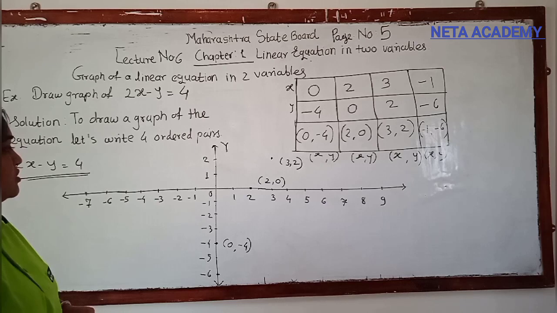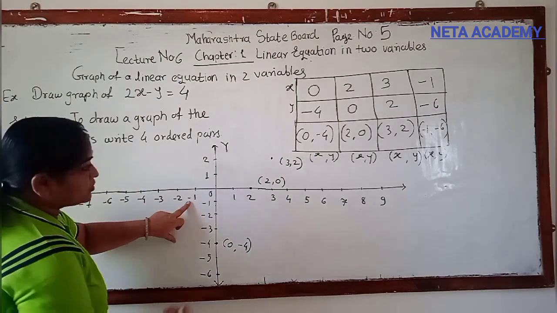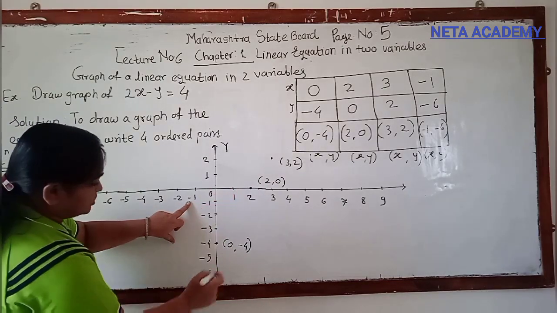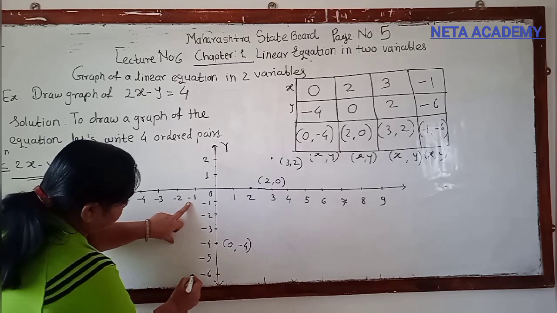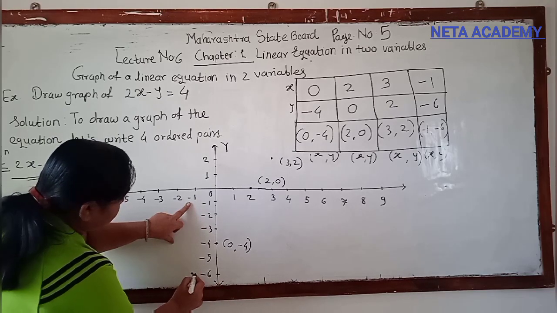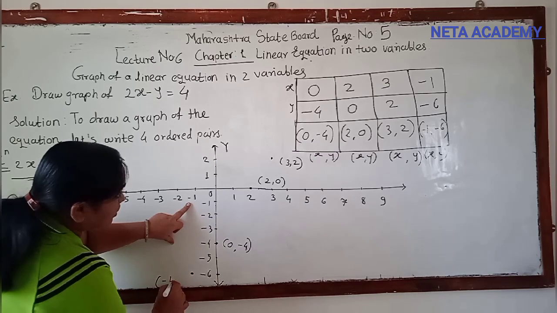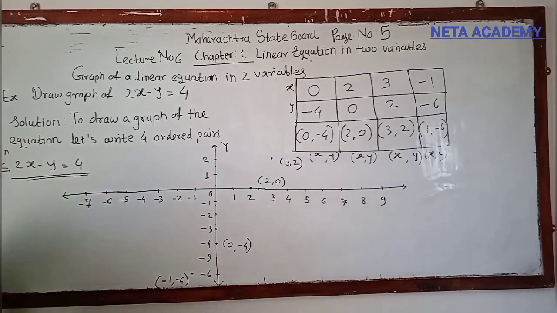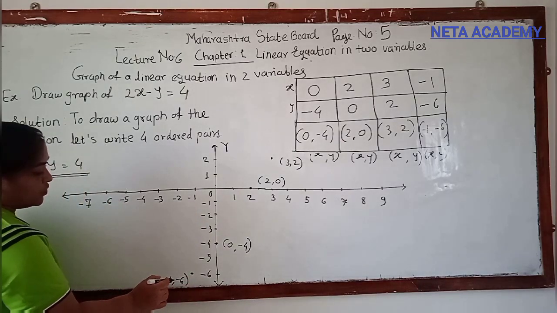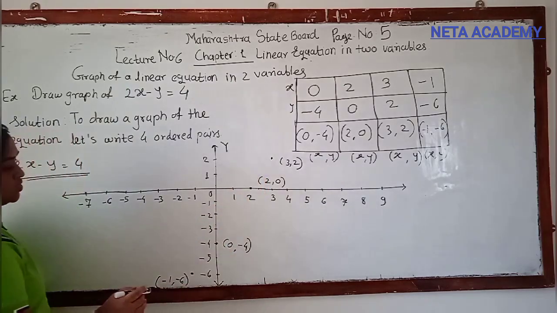X is minus 1 and y is minus 6. That point will be here, I will write it right here, minus 1 and minus 6. So we get these 4 points here: 1, 2, 3 and 4.